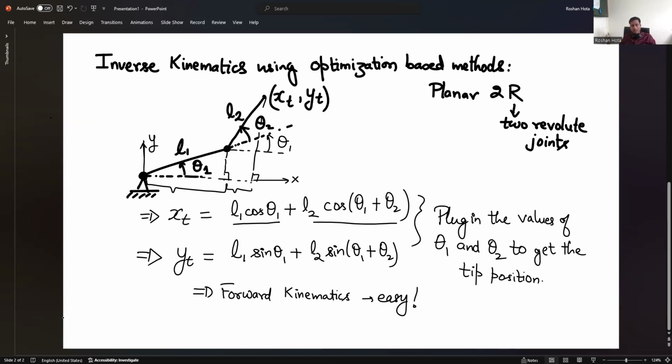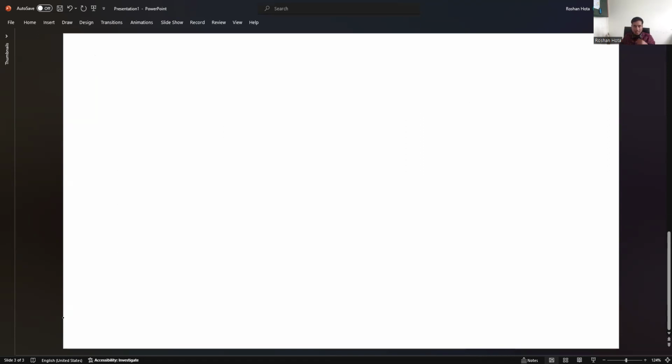We can take an example here because examples will simplify and clarify your understanding. Let us say that L1 is equal to 1 centimeter, L2 is equal to 1 centimeter. We are trying to perform the forward kinematics for a particular value of θ1, say pi by 3, and a particular value of θ2, say pi by 6.